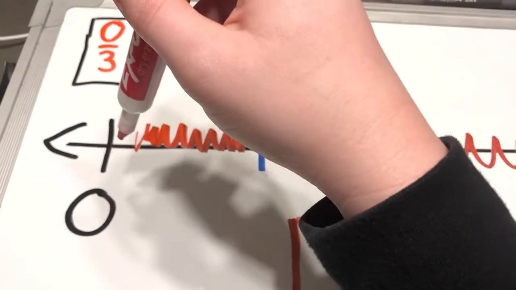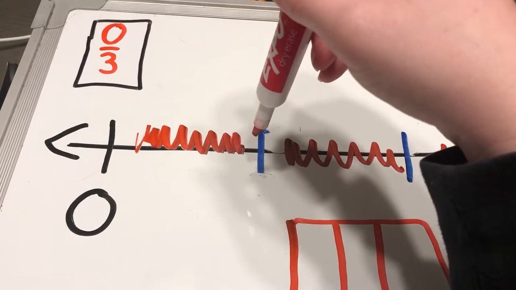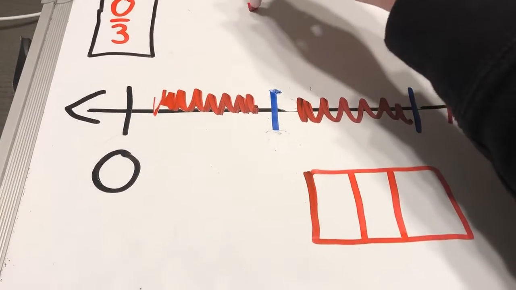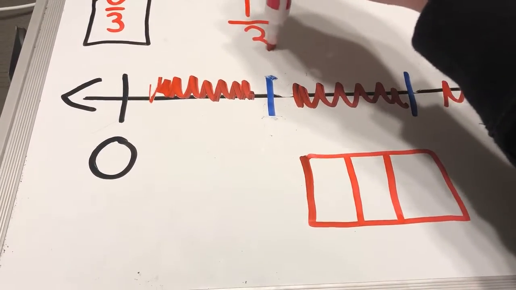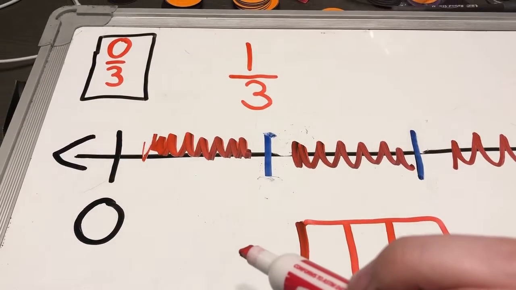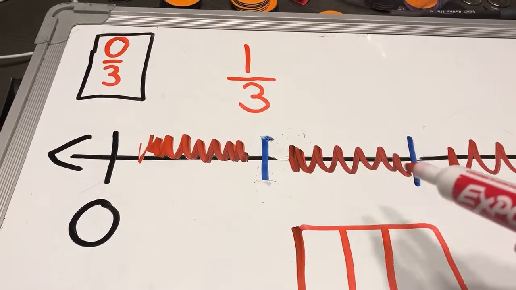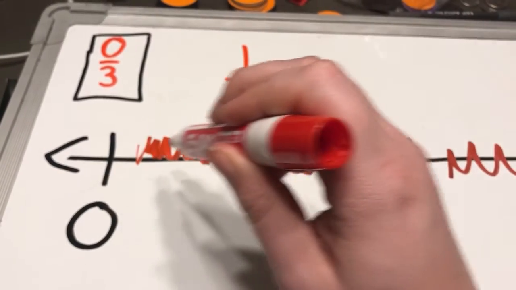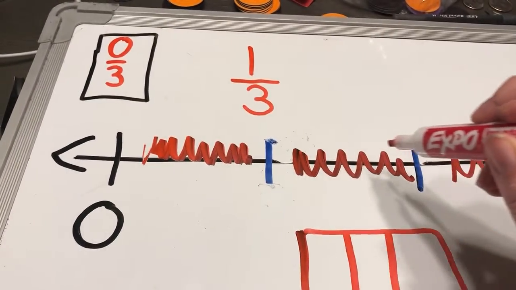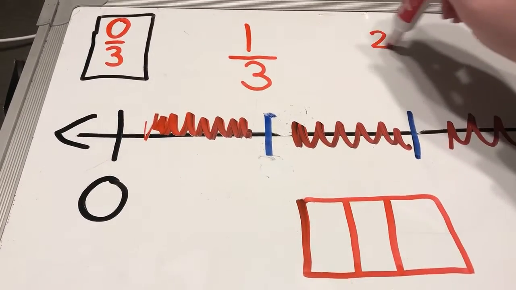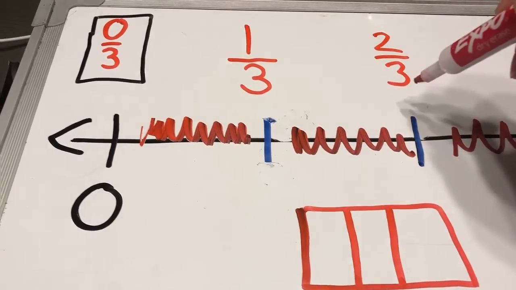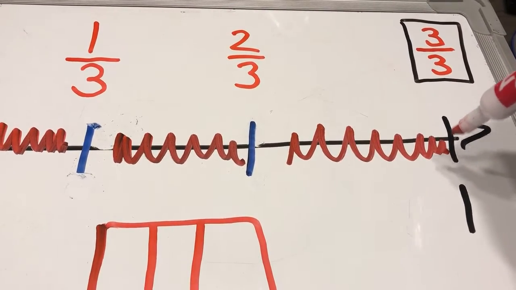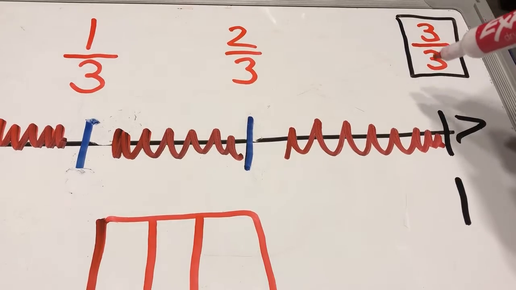Now, 0 to 1, this is 1 part, 1 of our 3 parts. This one shows us we have 1 of our parts, 2 of our 3 parts. And now we go to our next one, and we see that we're at number 1, 3 out of 3 parts.